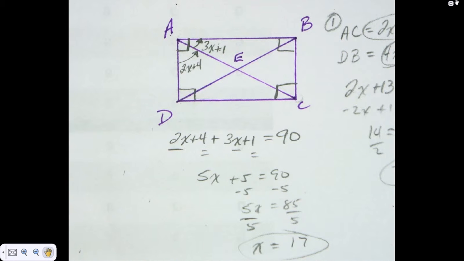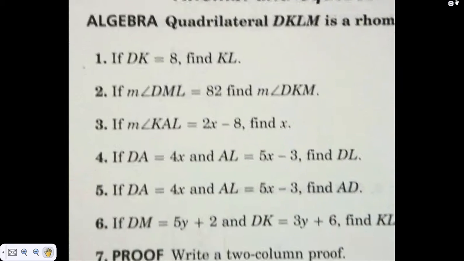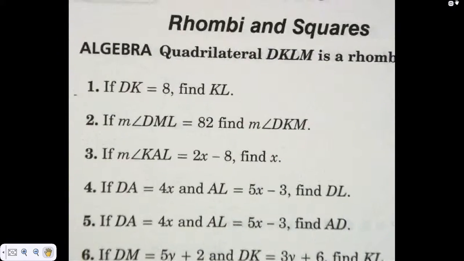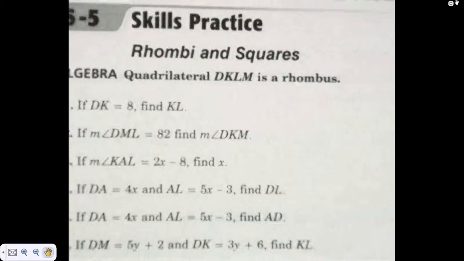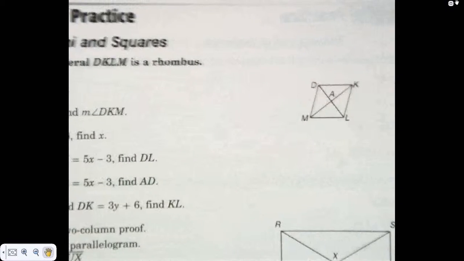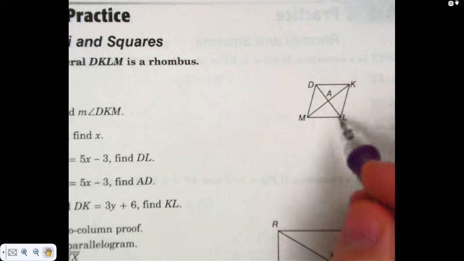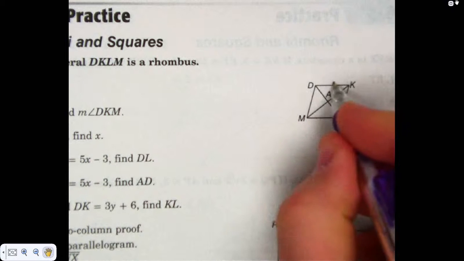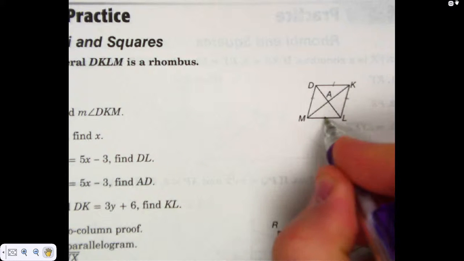Let's jump ahead to 79. On 79, they gave us, this is about rhombuses and squares. They say that this is a rhombus. So what does that mean? That means these are congruent.